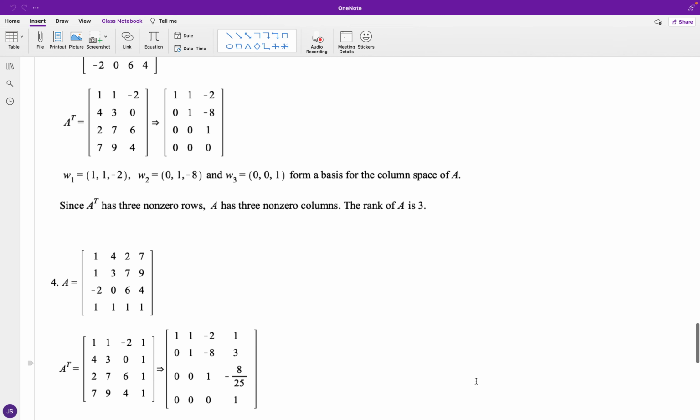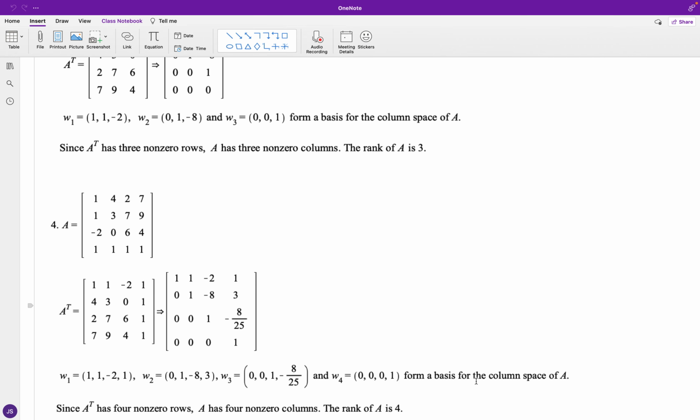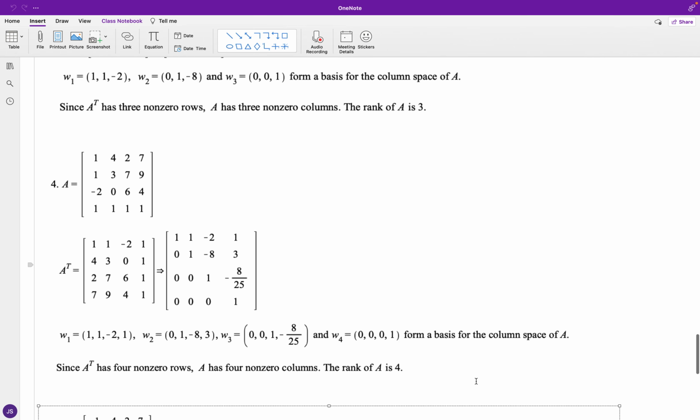And going back to our square matrix earlier, transitioning from the basis for the row space to finding a basis for the column space of this given matrix, if I take the transpose and do the row echelon form arrangement, the top row we have 1, 1, negative 2, 1, followed by 0, 1, negative 8, 3, and then 0, 0, 1, negative 8/25ths, and 0, 0, 0, 1.